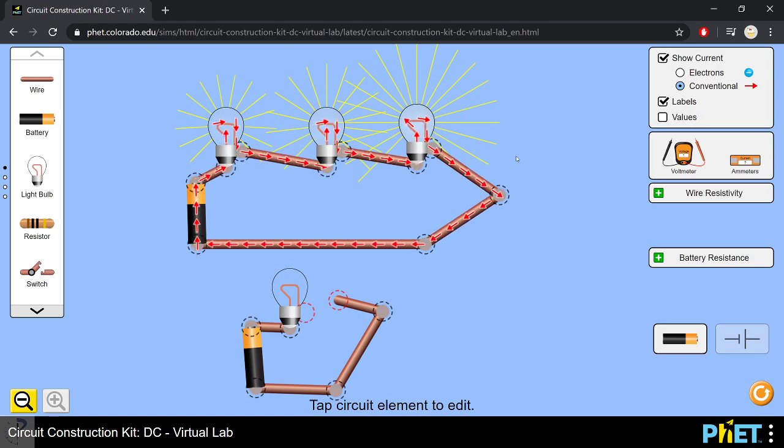Now the voltage is shared, so the other ones kind of drop. With more resistance in the system, there's less current overall.